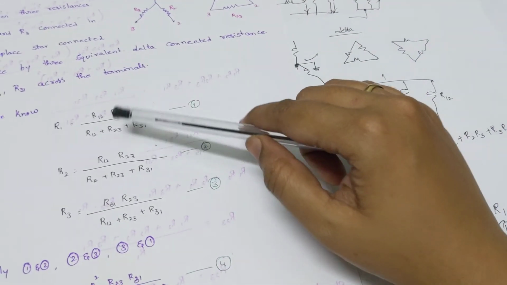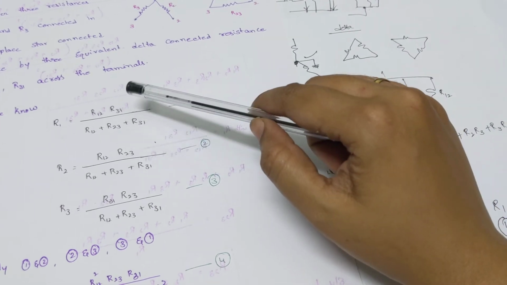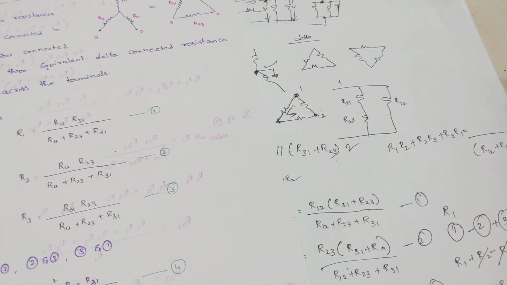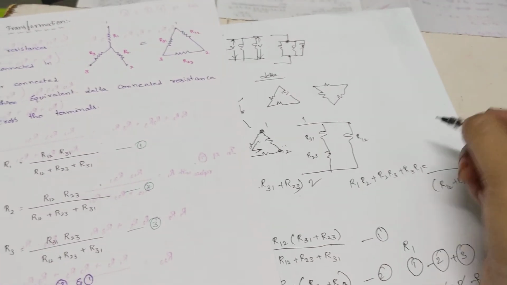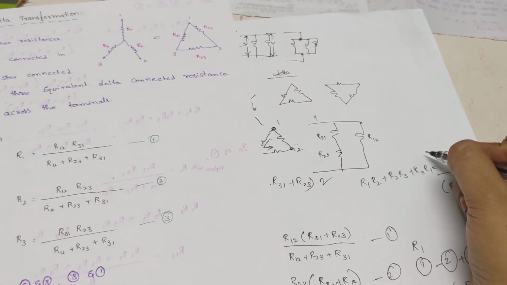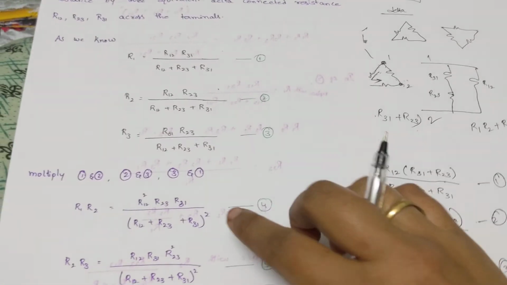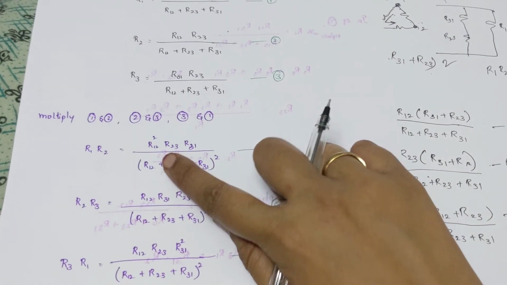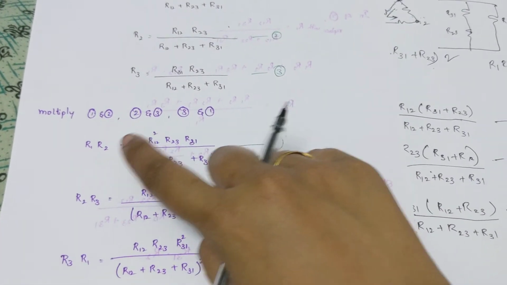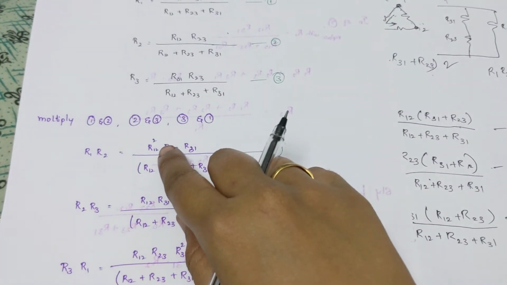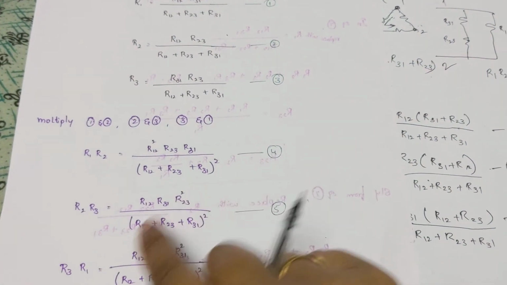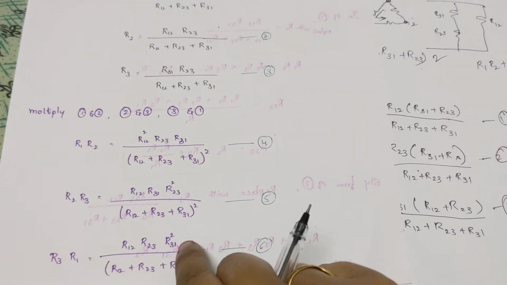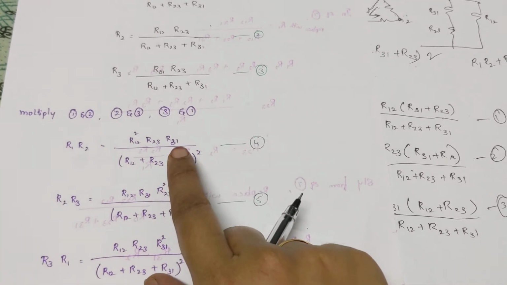The rest of the elements, 2 3 is here and 3 1 is here. You may check from here: if I multiply R1, that will be the square, 2 3 that is the square here, 3 1 that is the square here. The rest of the elements are common.